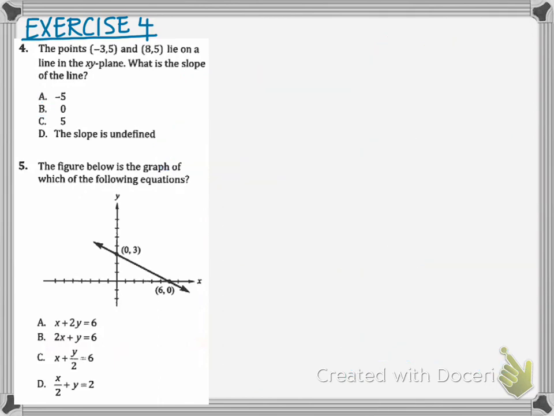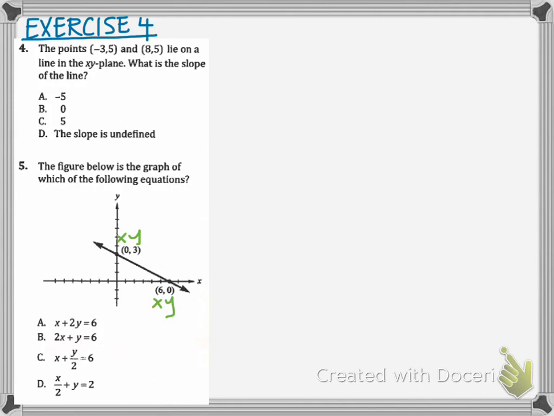Okay, for number 5, if you look at your equations, they're in standard form, and there's some fractions, and you're trying to figure out which of these equations makes this graph. We could do this a lot of different ways. I think the easiest way for you guys is to make sure that these xy pairs both make the equation true.